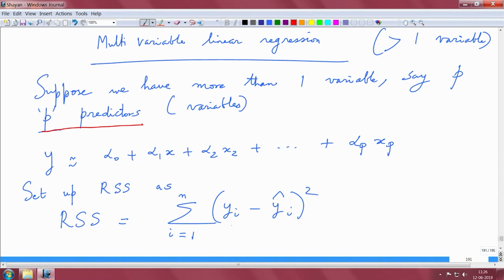For every observation that I have, which is yi, I have a corresponding estimate. This is the true observation, and this is the model, which is yi hat. I formulate it using the least squares criterion again.